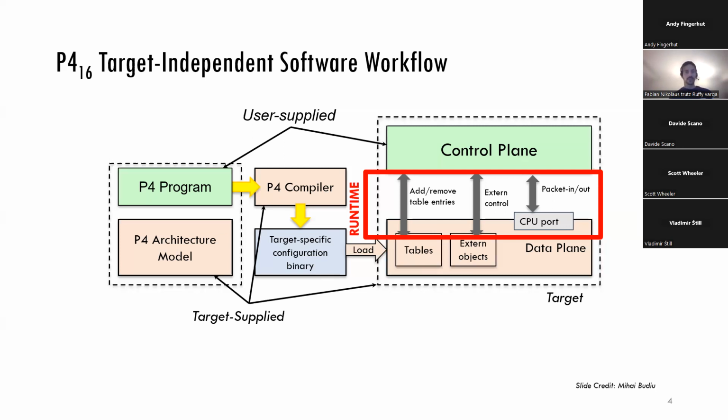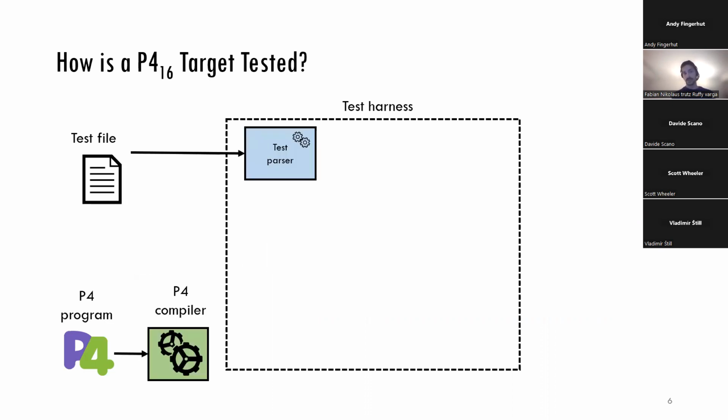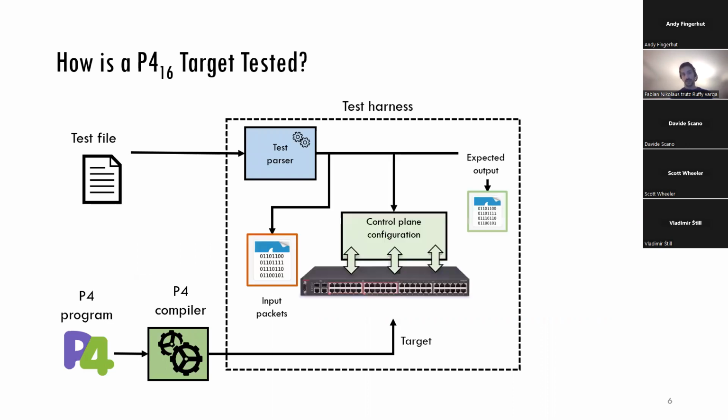Okay, so now you have this target workflow, but you want to make sure it works correctly. So we get to the next step, which is once you have this, you want to test your target. And typically in the P4 world, how this is currently done is the following workflow. You typically write a test, that is a test file, for a particular P4 program. And you have these two parts. Now you compile your P4 program, and you run your test file through a test parser. And with that, you form this test environment.